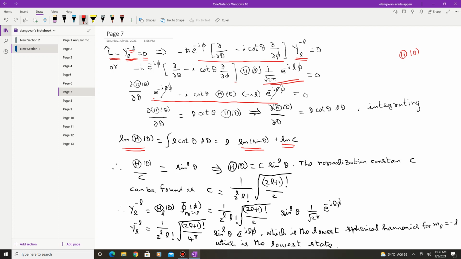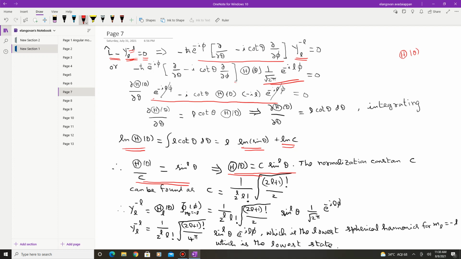So the solution will be expressed as Θ(θ)/c equal to sin to the power l of θ, because l times the logarithm of sin θ may be expressed as the logarithm of sin^l θ. If you take the anti-logarithm of both sides, you get sin^l θ. So Θ(θ) can be expressed like this: c sin^l θ.